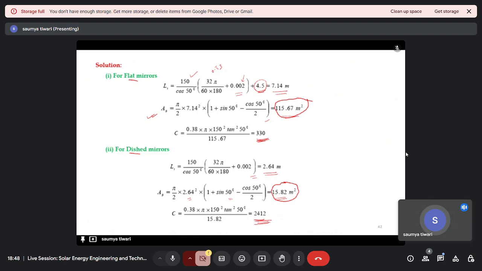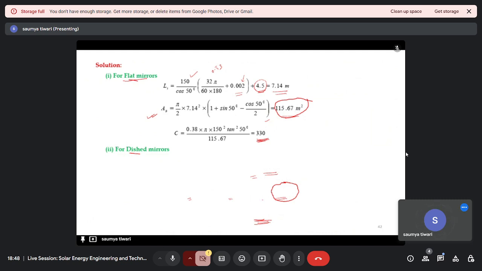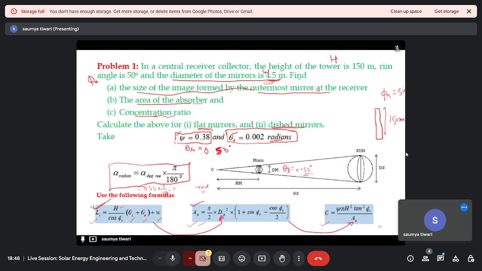Okay, so for the flat mirror, let's see all the values here. Your H is given. H is 150 meter, right? Phi r is given here, basically the rim angle is 50 degree, right? Your theta e is given as 0.02.